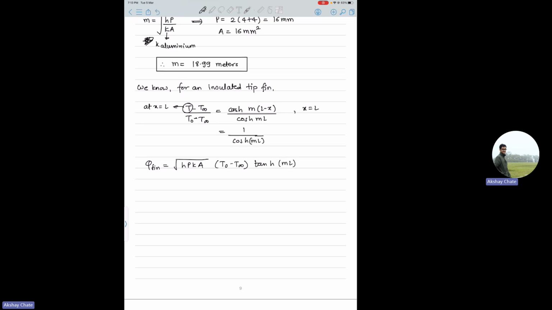So here they have given this as 40 into 10 to the power minus 3 watts. You know all these quantities, h, P, k, A, everything is known. Here k is k of fin. T infinity is 27. m is known, L is known. So this will also be known. So from here you should get T0.